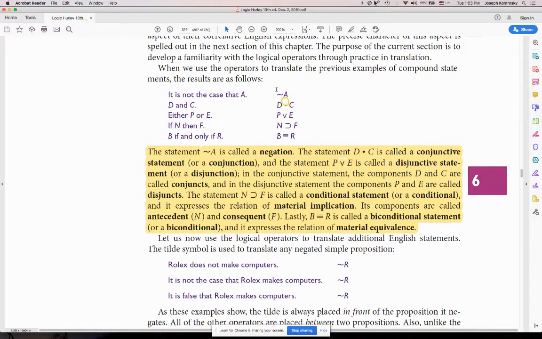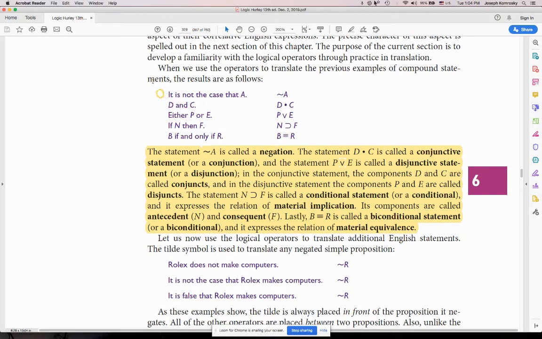For example, Joseph is sitting here in this chair lecturing to you right now. That can all be symbolized as J for Joseph, right? And it really is the case that I'm sitting here lecturing to you. If it was not the case, I would just say not J. Like not A, right? And that's kind of the pattern.